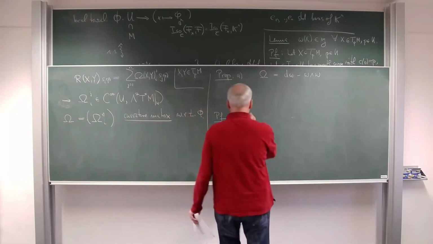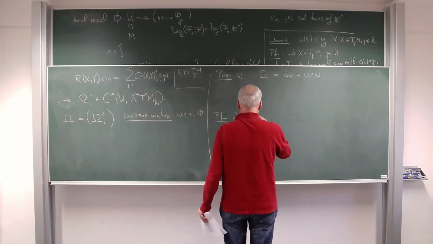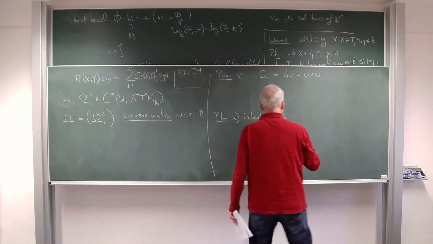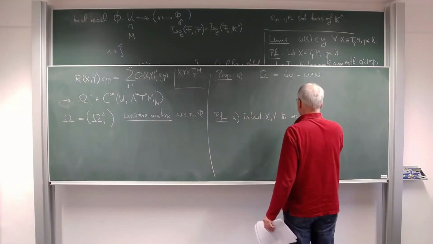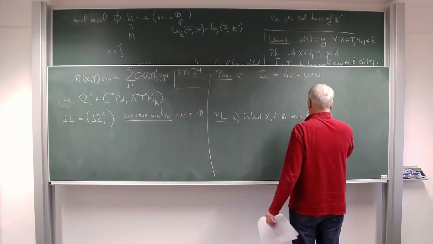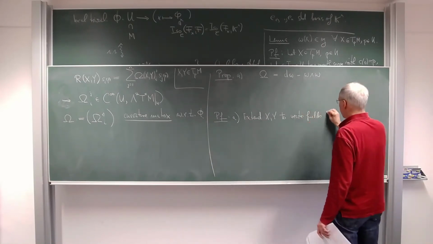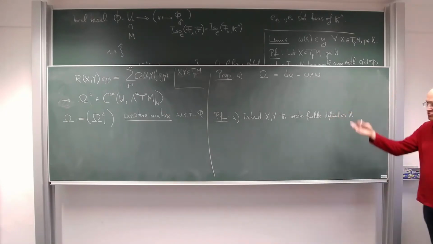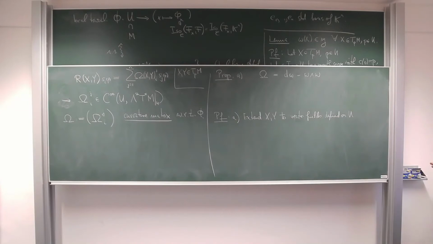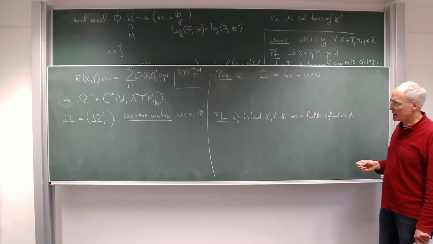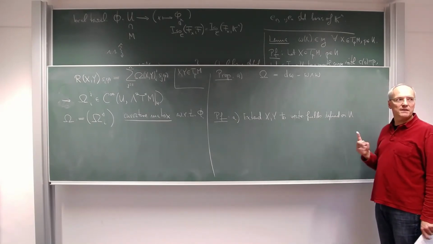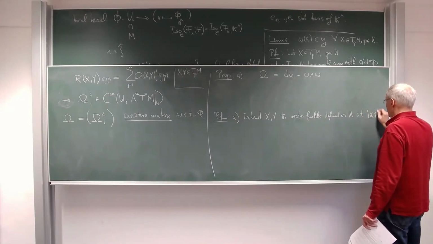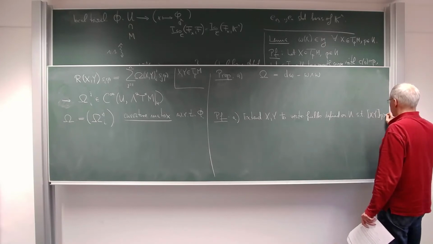So let's extend x and y to vector fields defined on U. I could work with any extension in principle, but it's convenient if I do it in such a way that at the point P the Lie bracket of them is equal to 0.